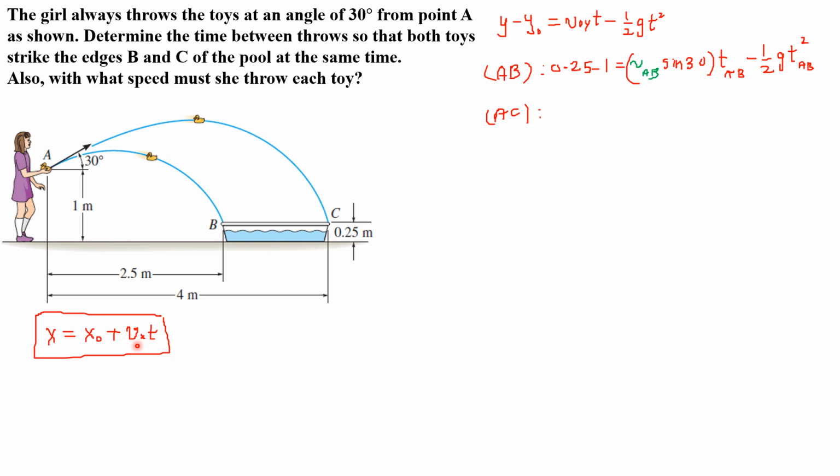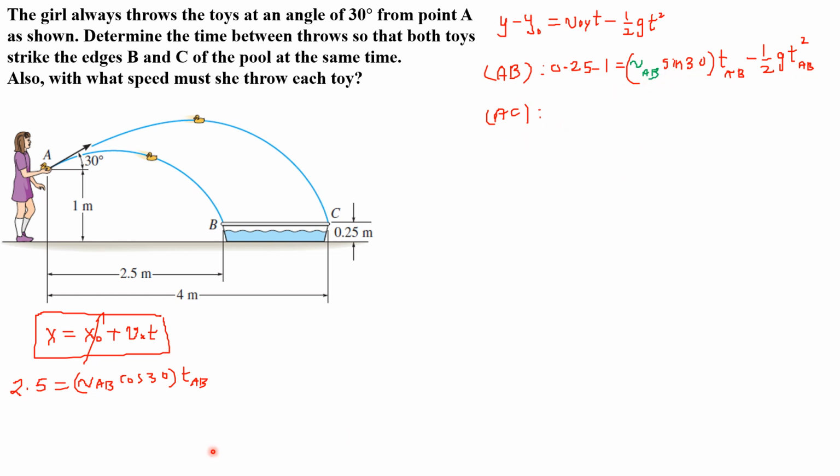The x component of the velocity is VAB cosine 30, and the time is TAB.